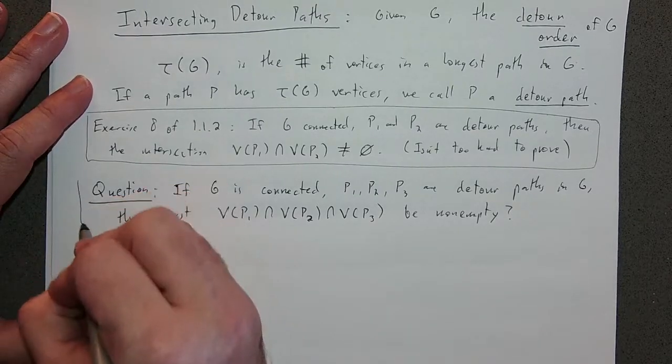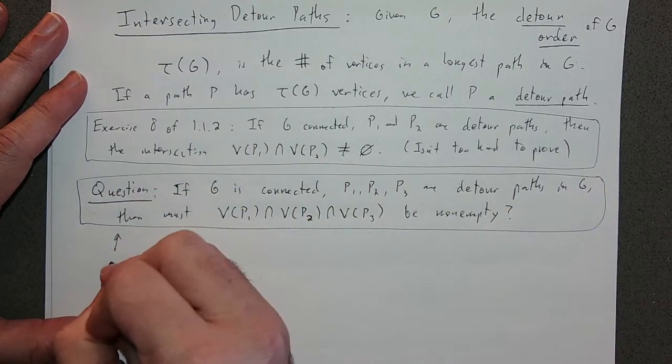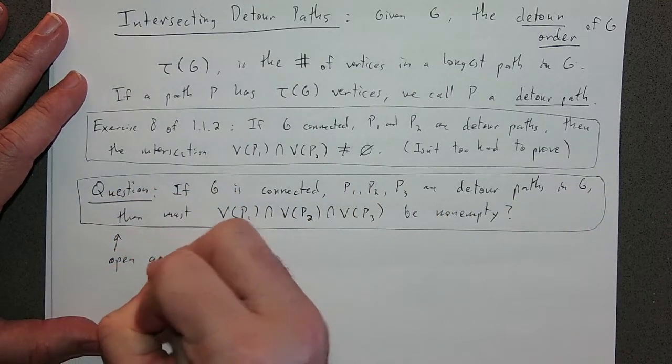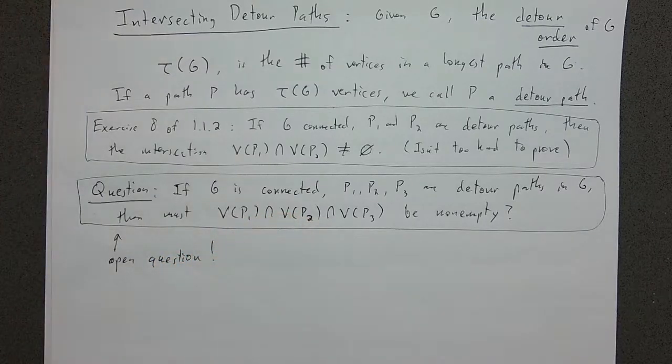This is an open question. I checked around a little bit. The textbook was written in like 2008, I think, is the edition that this textbook was written in. So it was unsolved as of 2008. I went digging around, and it seems like as of this year, this is still unsolved.